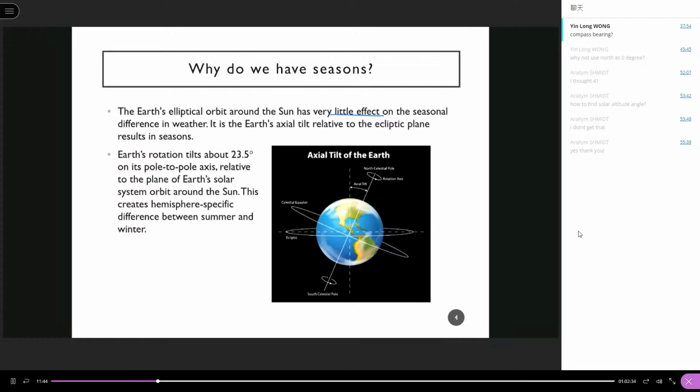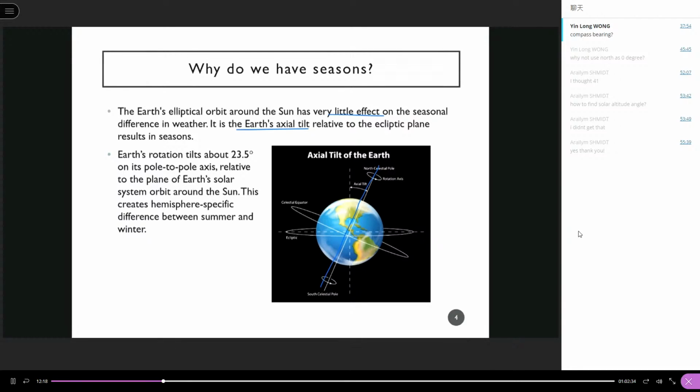We have seasons because the Earth's axis is tilted. On the plane where the Earth revolves around the sun, the axis from the North Pole to the South Pole is not perpendicular to that plane. We have the Earth revolving around the sun, and this pole is not perpendicular to that plane.